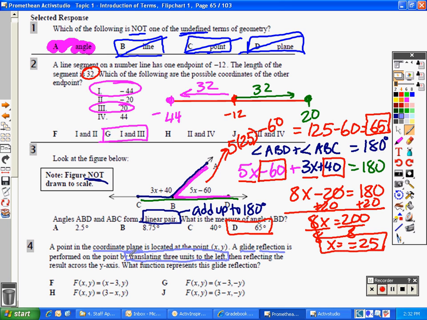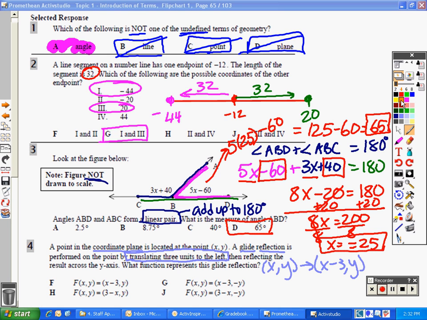So our point xy will become, if I move it to the left, left and right affects the x coordinate. So I'm going to take 3 away from my x, and my y is going to stay the same, because when I move things left and right, it just changes the x value. All right, that's the first step.